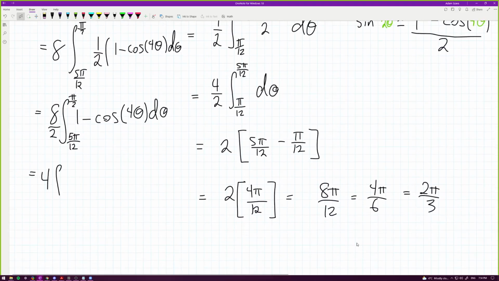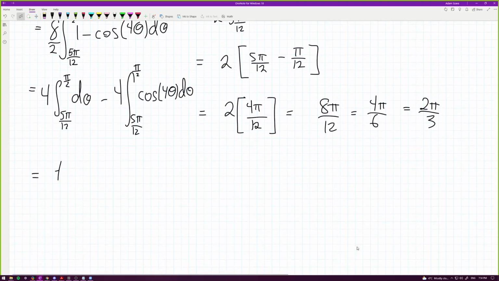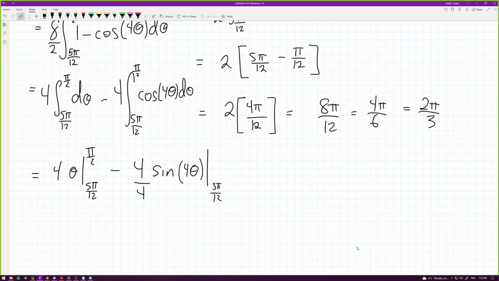It's going to be 4 times the integral from 5 pi over 12 to pi over 2 of d theta minus 4 times the integral from 5 pi over 12 to pi over 2 of cos 4 theta d theta, which is going to be 4 theta evaluated from 5 pi over 12 to pi over 2 minus 4. Integral of cos is sine, but it's going to be 1 over 4 sine 4 theta evaluated from 5 pi over 12 to pi over 2.